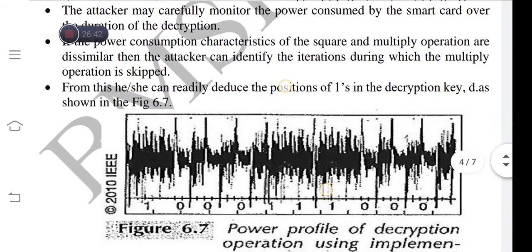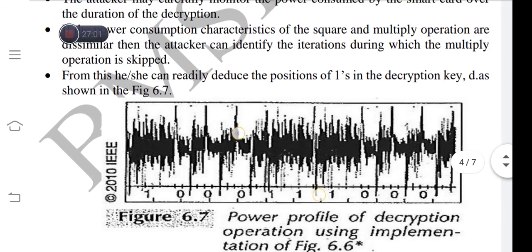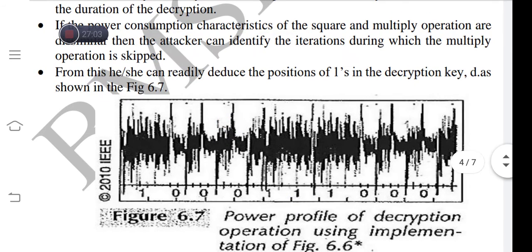You can easily find ones and zeros depending on the power consumption during each iteration. So from this the attacker can readily deduce the position of ones in the decryption key D, as we are seeing here in figure 6.7. There are variations of power in each of the iterations.